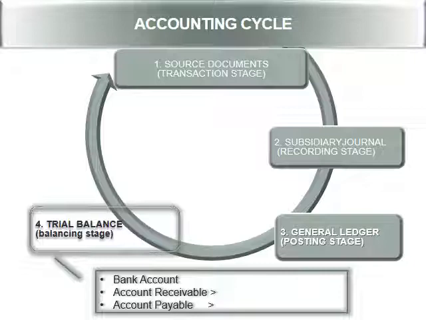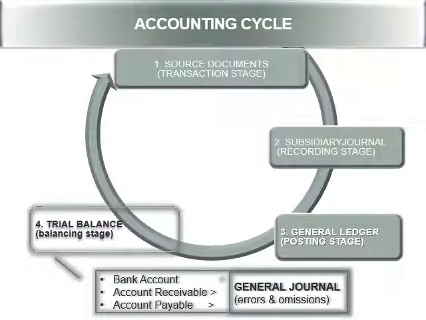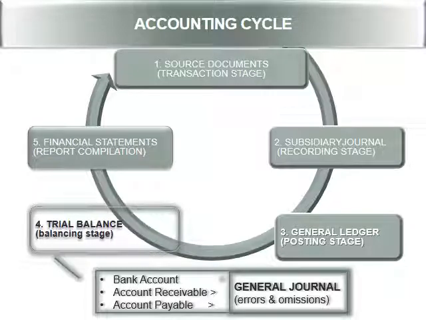Such errors and omissions will require the preparation of a general journal to adjust these general ledger accounts. After these corrections, the trial balance will be prepared, then followed by the financial statements.